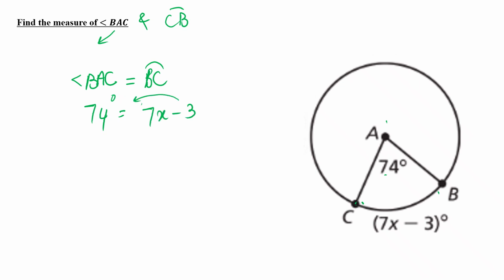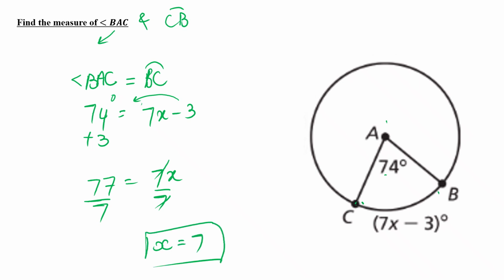Bring the negative 3 to the other side, it becomes positive 3. So 74 plus 3 gives us 77 equals 7x. Divide both sides by 7 to find out the value of x. 7 and 7 cancel, so x equals 11, because 77 divided by 7 gives us 11.